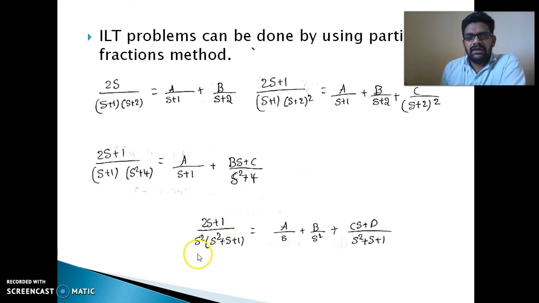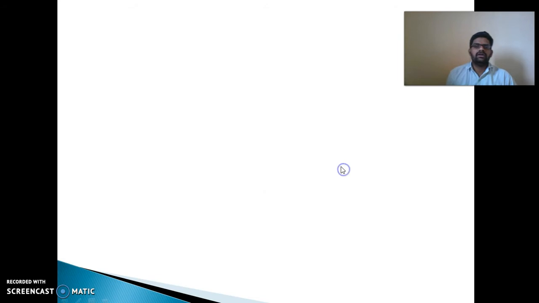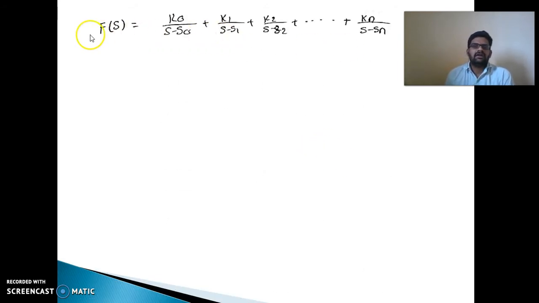If you have a function like a by s plus b by s square plus cs plus d by s square plus s plus 1, like that we have to divide the form and then find the a, b, c, d values using this method. See, any function f of s can be written in this form.